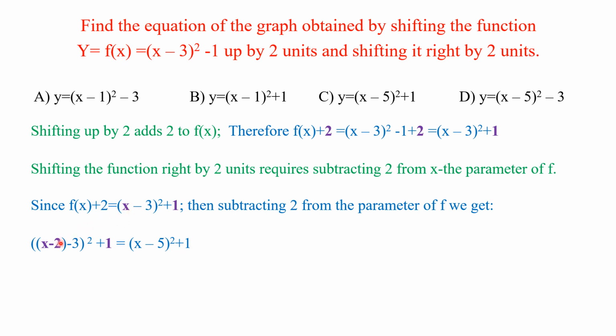So x minus 2, and then the rest is the same, minus 3 all raised to the power 2 plus the 1, which is the result of the shift up. So if we do the math, x minus 2 minus 3 will be x minus 5, all squared, plus 1. And this is the correct answer.